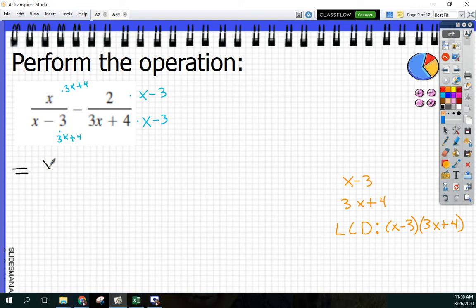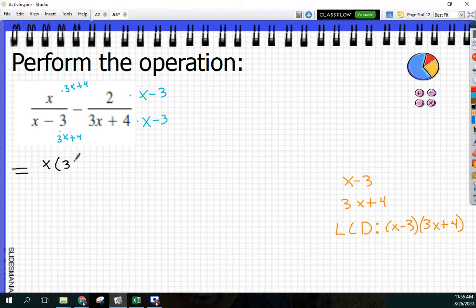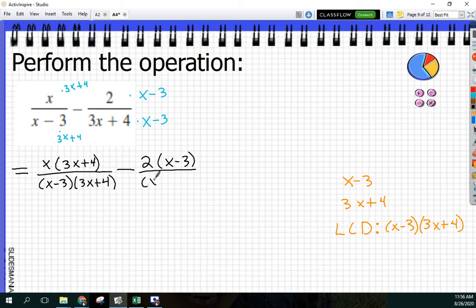So in our first numerator, we're going to get x times 3x plus 4 divided by x minus 3 times 3x plus 4, minus 2 times x minus 3 divided by x minus 3 times 3x plus 4.